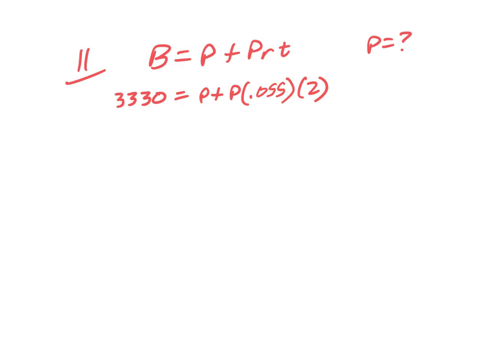Okay, and I'm going to show you the easy way to do this one. What makes this one look like it's hard is that we have P in 2 different spots. So we're like, how in the heck are we going to solve this if we have the same variable in two spots? Okay? Well, here's what we're going to do first. What happens if I take 0.055 times 2?